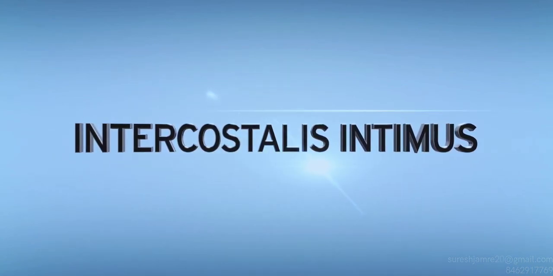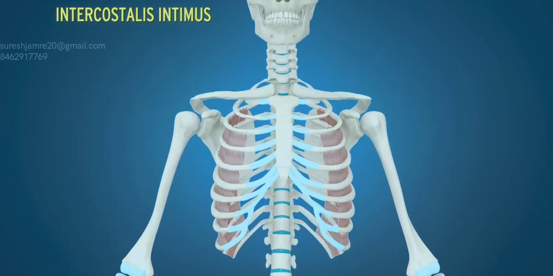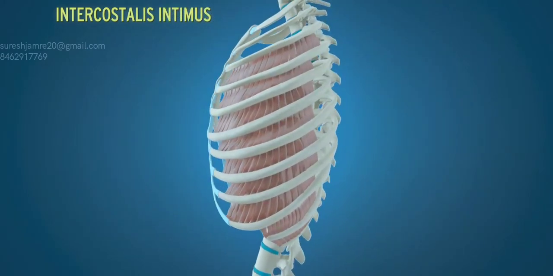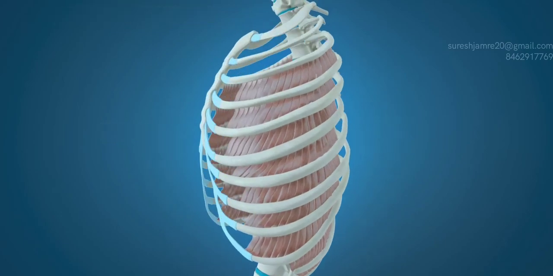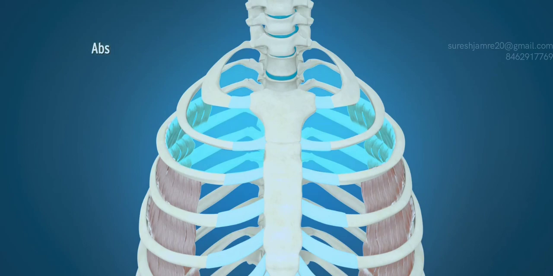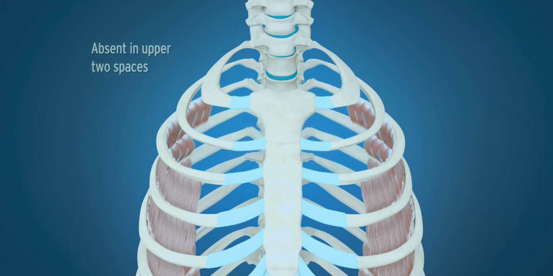Intercostalis intimus. It occupies the middle 2/4 of a typical intercostal space. This muscle is absent in the upper two spaces.